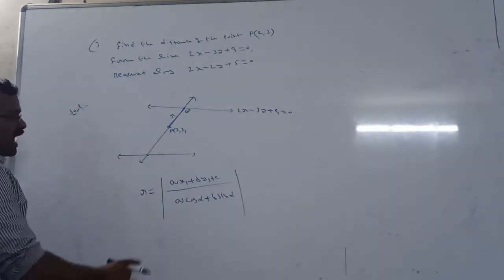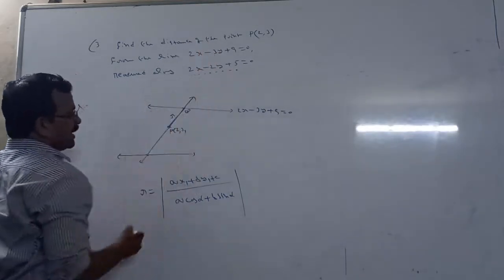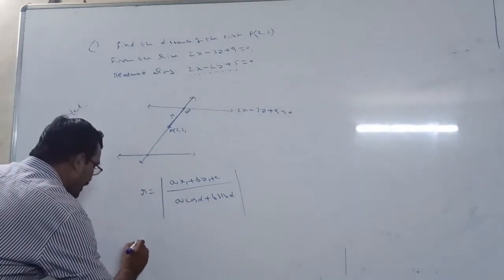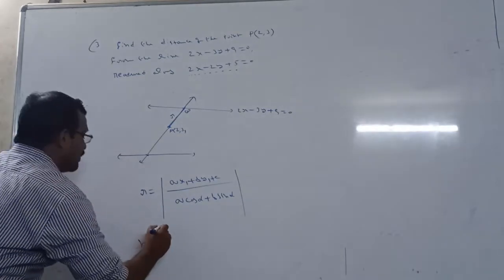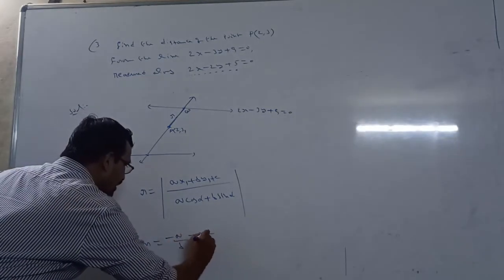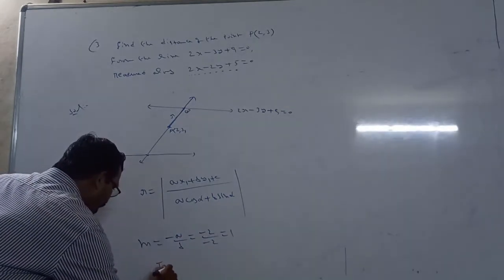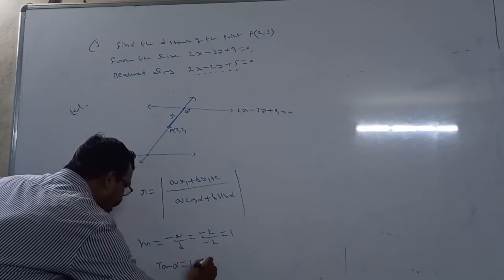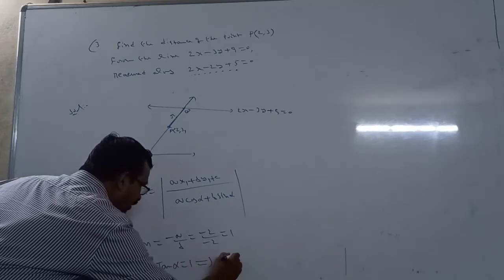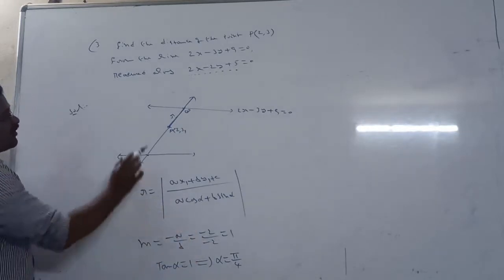Here the angle should be found by using this line. So here slope m equal to minus a by b, that is minus 2 by minus 2, it is 1. Slope value 1 means tan alpha value 1, which implies alpha equal to pi by 4. In this formula, alpha value is pi by 4.